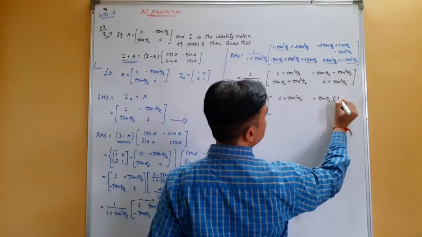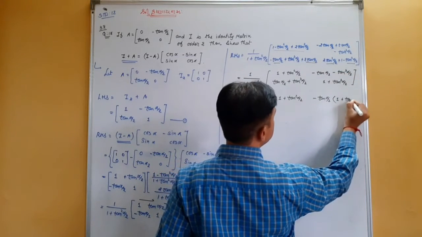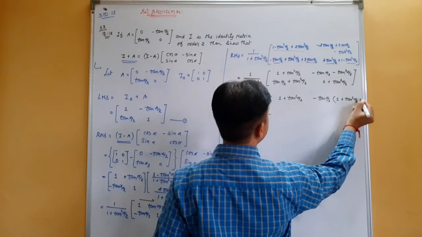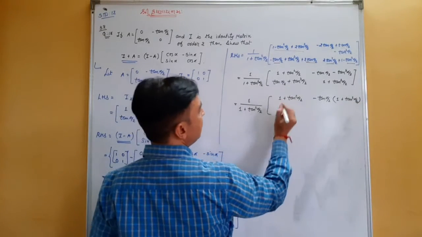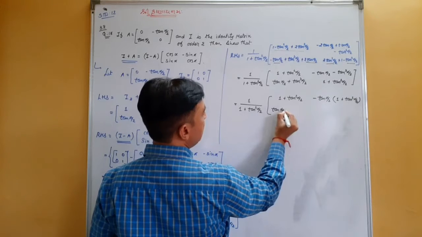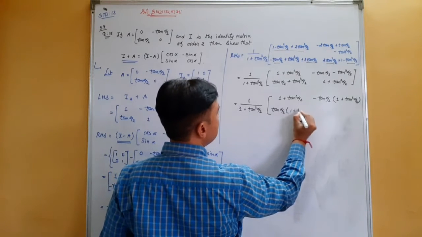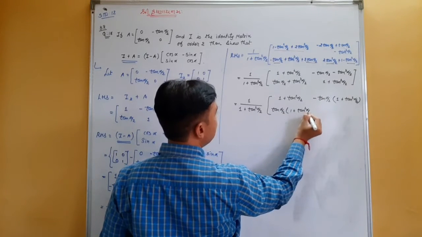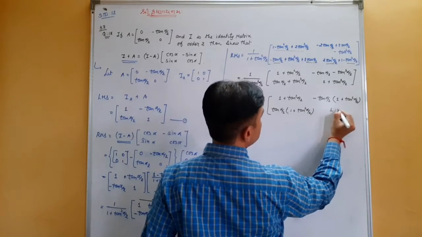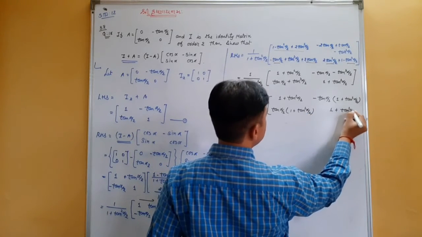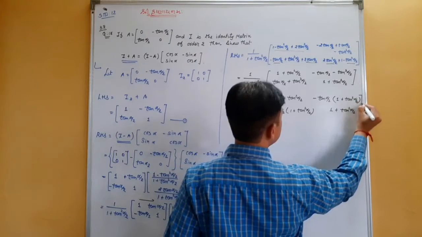Minus tan alpha by 2. So 1 plus tan square alpha by 2 will remain. Here take positive tan alpha by 2 common. So 1 plus tan square alpha by 2. And this 1 plus tan square alpha by 2 as it is.